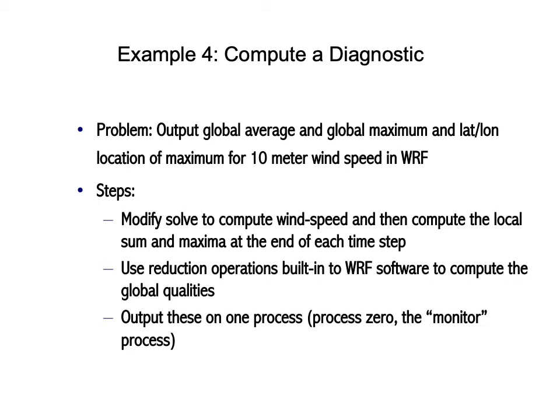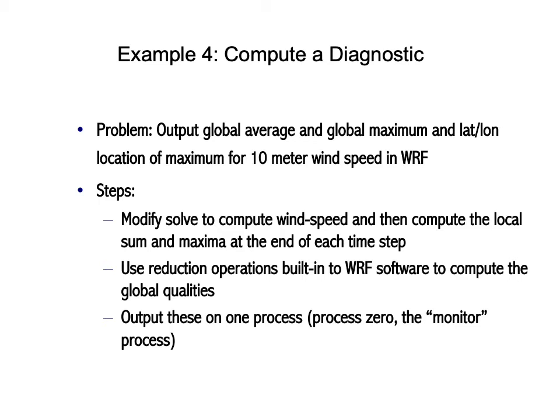We simply compute the wind speed, and then once we have the wind speed on our particular MPI processor, we compute the average, and we compute the maximum, and we keep the IJ for that maximum.